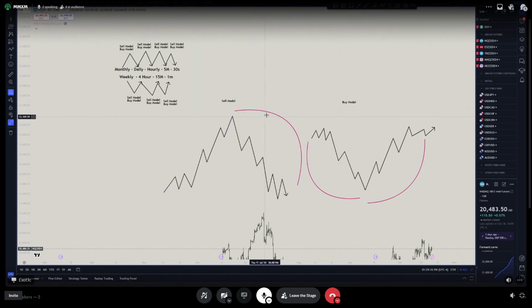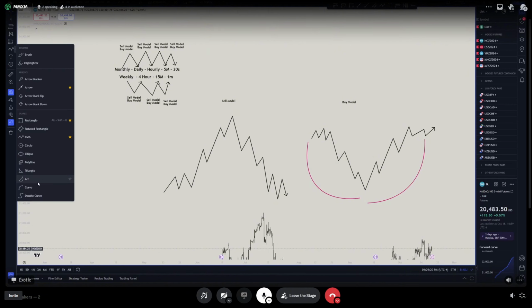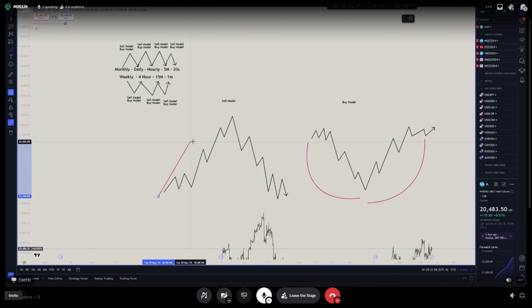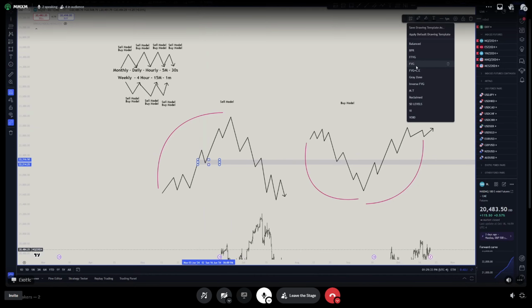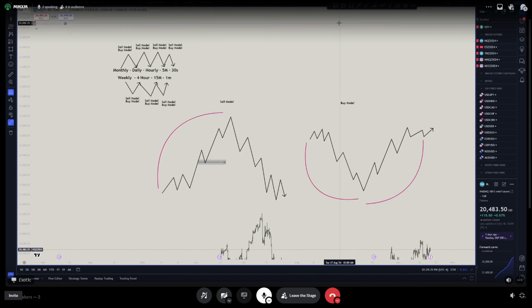So this is generally how it's going to work. You're going to have your buy side part of the curve here, and this is going to be what is going to set your sell model, right? So this is going to be the start of the sell model here. And in here, you're going to generate a lot of bullish PD arrays, like the fair value gaps. You're going to see price react off of here.